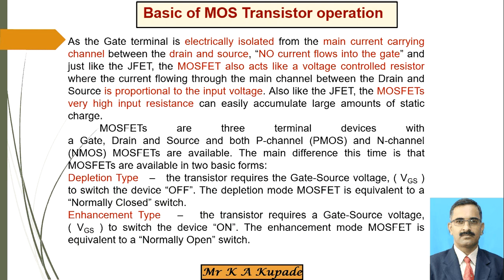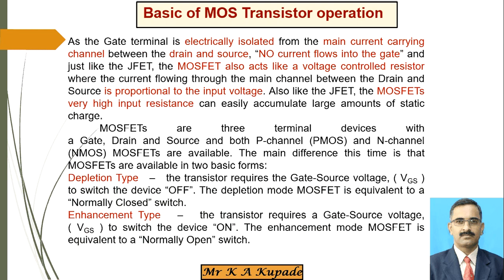That means, again, like the JFET, this MOSFET has three terminals, gate, drain, and source, and two types, the P channel MOSFET and the N channel MOSFET, abbreviated as PMOS and NMOS.